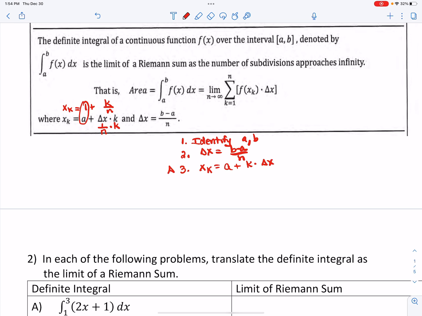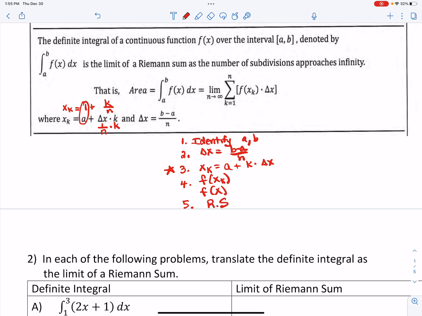Now this is very important because everything stems from x sub k. That's the first thing we had to find in our analysis. And from there, we can find f of x sub k, which will give us our f of x, and then finally our Riemann sum.